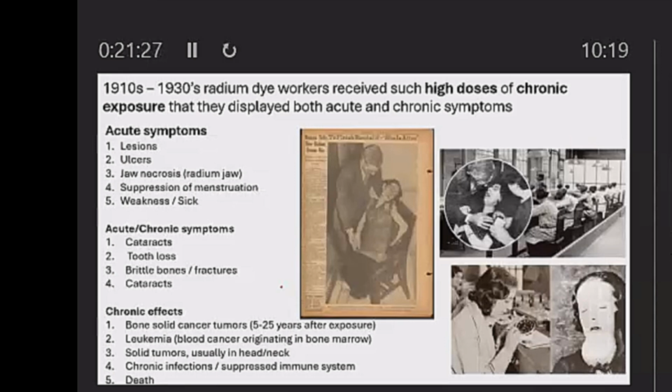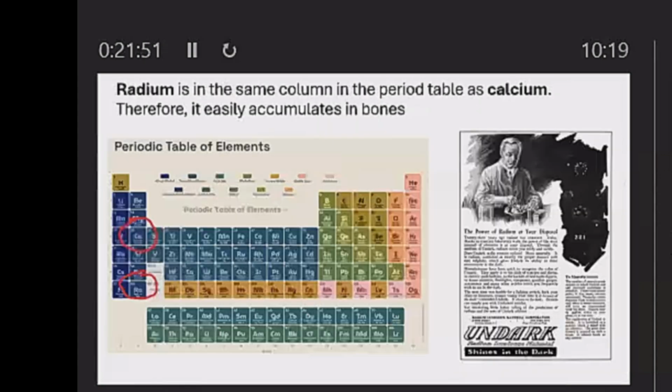Of course, a lot of them got leukemia, which is a blood cancer again. They were getting solid tumors in their head and neck. Of course, chronic other infections, chronic suppressed immune system, and death. But anyways, those are the radium workers. As you see, calcium and radium are in the same column of the periodic table.